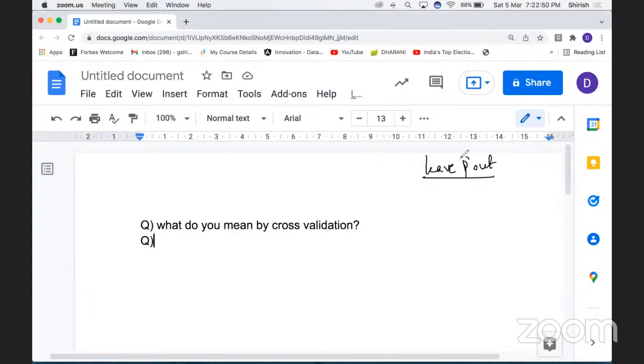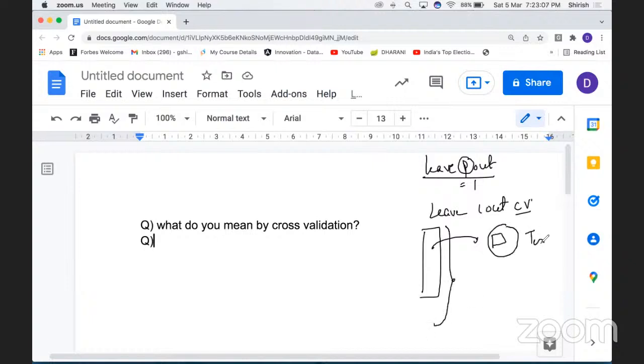What does this leave p out mean? P is something you decide. If P is equal to 1, you call it leave one out cross validation. Out of all the data points, one data point comes out randomly. You give training and test on that one data point. Again, you take the data set, one comes out, you test and give training.